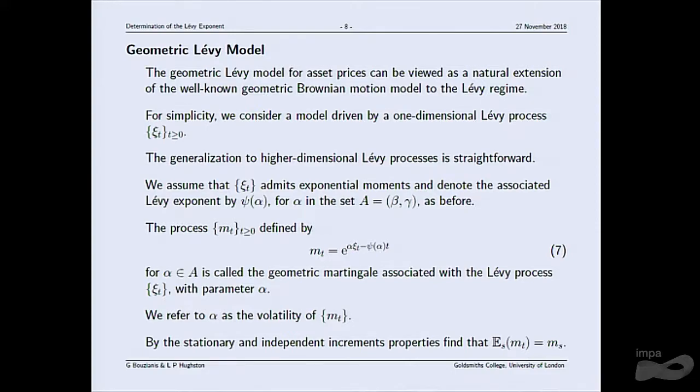You'll see that if psi is equal to 1/2 alpha squared, then this reduces to the familiar expression that one has for geometric Brownian motion. So providing that alpha lies in the set A where exponential moments exist, then we have a nice martingale.